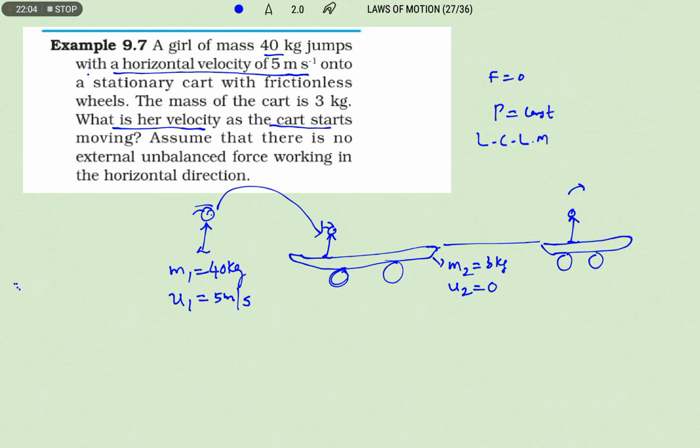So when both are moving with the same velocity, that is known as common velocity. So we know the formula for common velocity. What is the formula for common velocity? (m1 u1 plus m2 u2) by (m1 plus m2). Okay, let us substitute the values. m1 is 40, u1 is 5, and m2 u2, u2 is 0, that's why the next term will be 0, and m1 plus m2 is 40 plus 3, so 43.